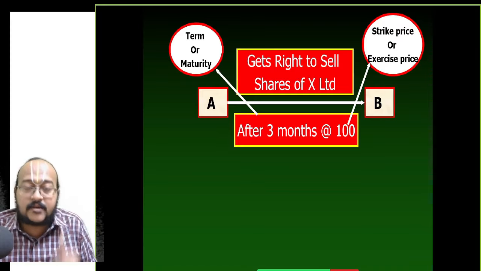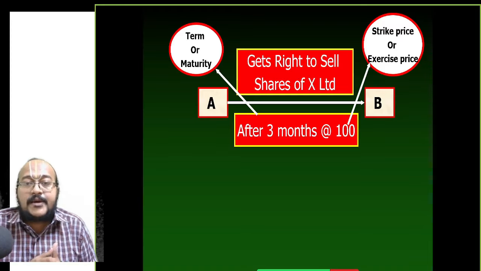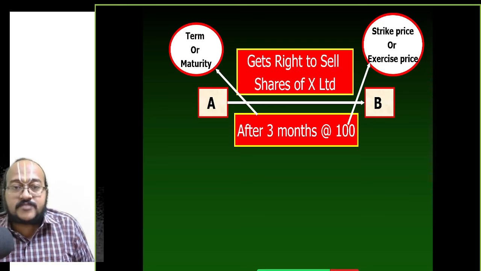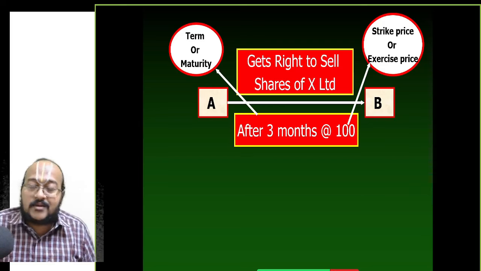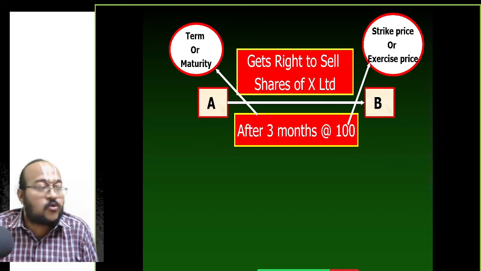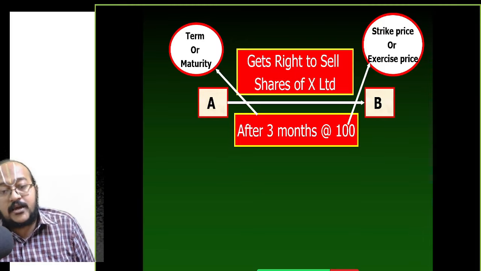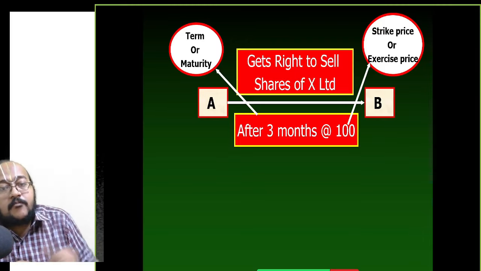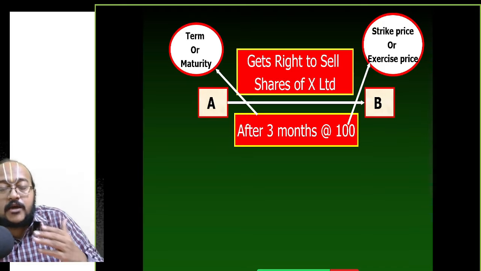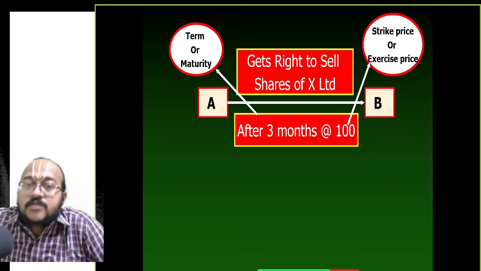This person A, the person who is entering into the put option, is fearful of the price getting reduced. He is thinking this company's 100 rupees price will become 50 rupees after 3 months. In that case, he wants to gain profit from the reducing market. The market is going down.